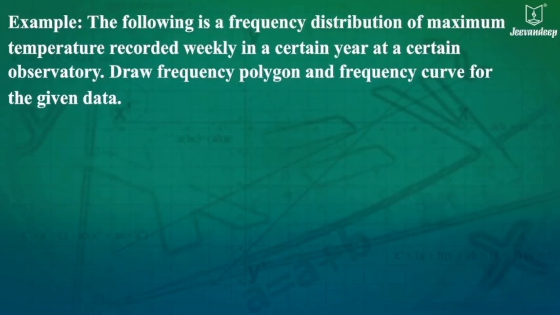Example: the following is a frequency distribution of maximum temperature recorded weekly in a certain year at a certain observatory. Draw frequency polygon and frequency curve for the given data.